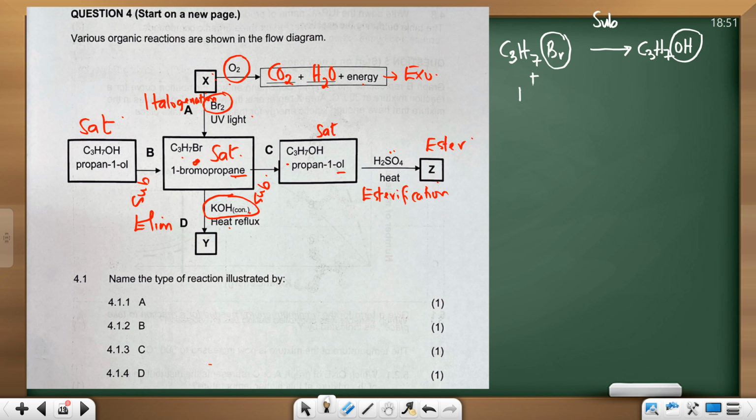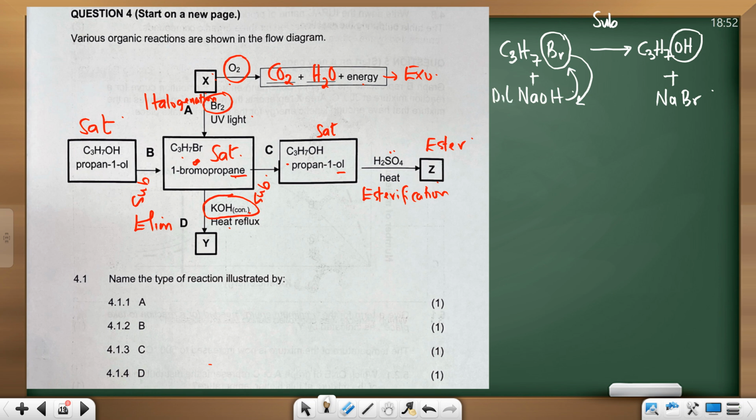So plus, I don't know if you see what's going on. Do you notice I'm now replacing this with this? What's going to happen? This is going to replace this. So what do I have? Plus NaBr. I'm done. Substitution means you replace. All you need to know is the condition.